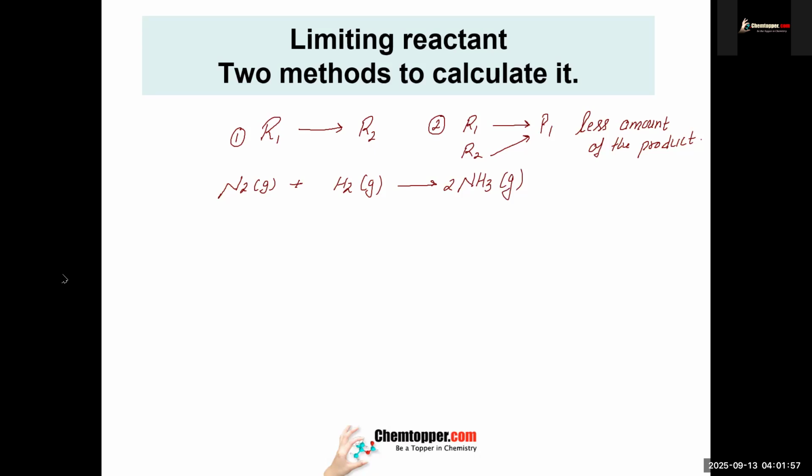And if I balance the equation, I have to put 3 here, right? This is the molar ratio in the balanced equation. This is the equation, balanced equation, theoretical equation, and here I have the molar ratios.